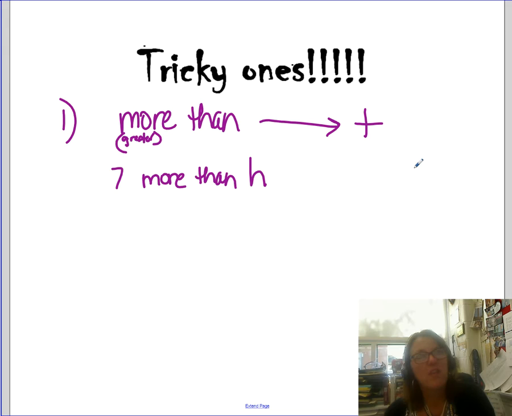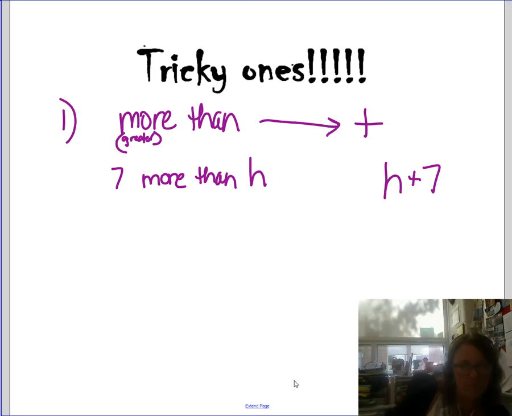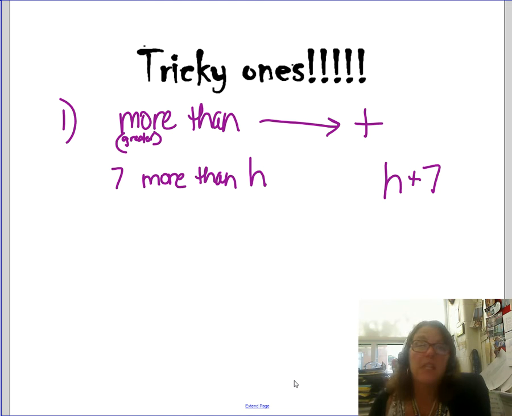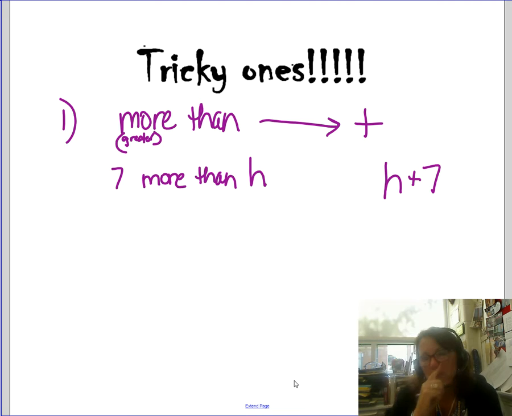And so in theory, the 7 should get put in the back. Okay, 7 more than means I'm going to add 7. Add 7 to what? I'm going to add 7 to the h. That goes in the front. Oh, that looks backwards, doesn't it? Kinda. That's why it's a tricky one. Now, in theory, if you wrote 7 plus h, when you go to compute that, is that going to be any different? No, but really, we need to pay attention to the language, all right?